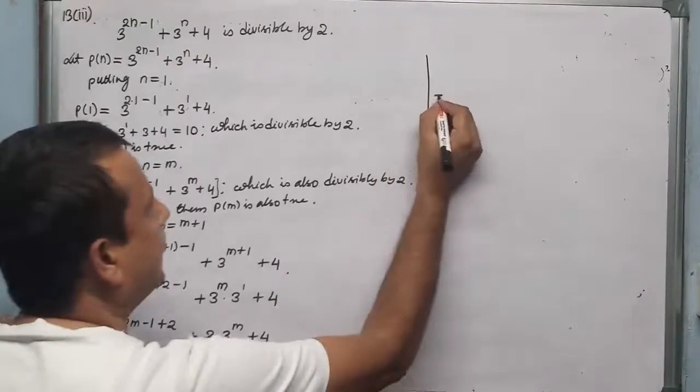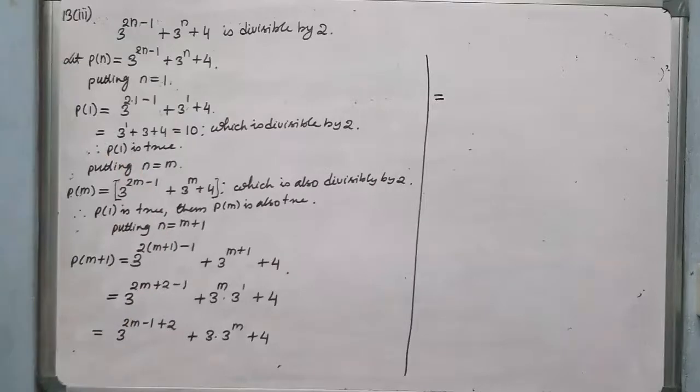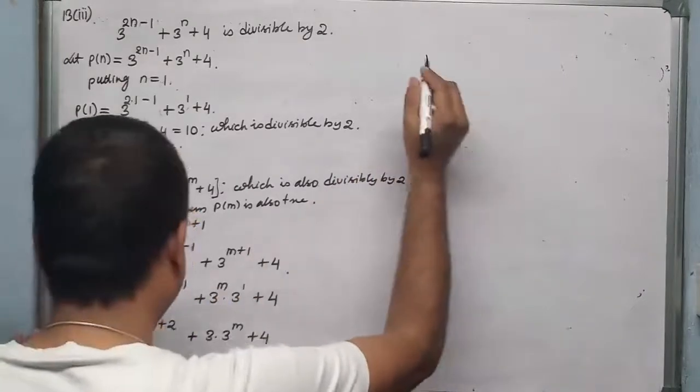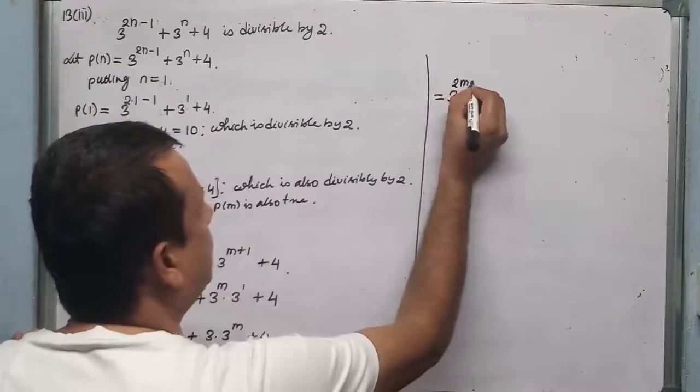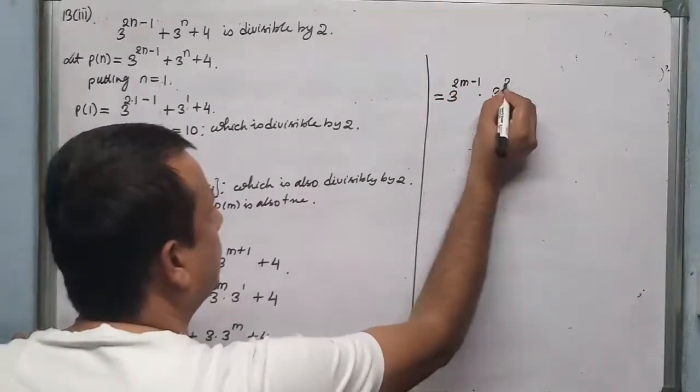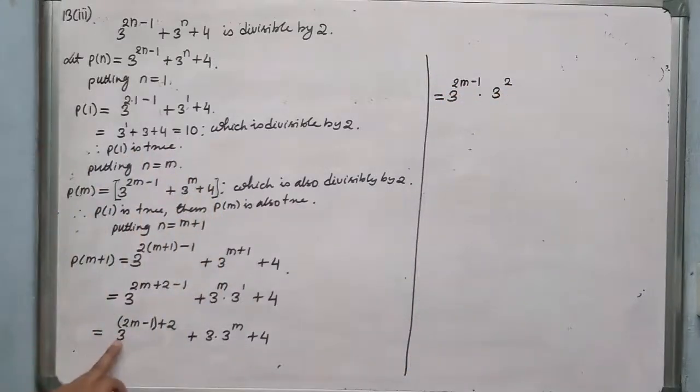Now I'll use the multiplication of same base rule. I'll make 2m minus 1 one index and 2 another index, so I'll break this into two quantities. Now we can write 3 to the power 2m minus 1 into 3 squared. The base is the same, the indices are different over here. So 3 to the power 2m minus 1 is one index and another index is 2.